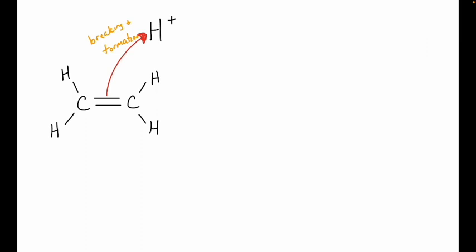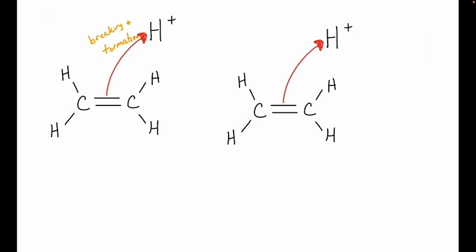So let me visually illustrate what this arrow is representing here. Actually, let me make a copy. Remember these electron pushing arrows: it's like you're grabbing this pair of electrons and dragging it over to that new hydrogen, right?